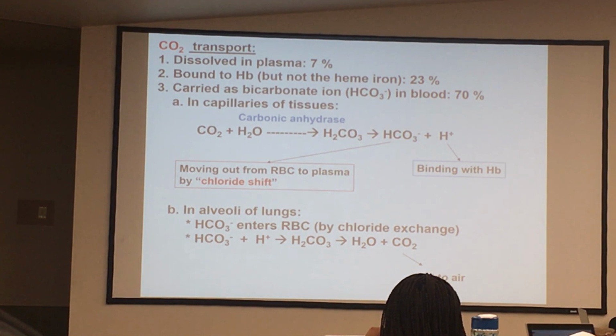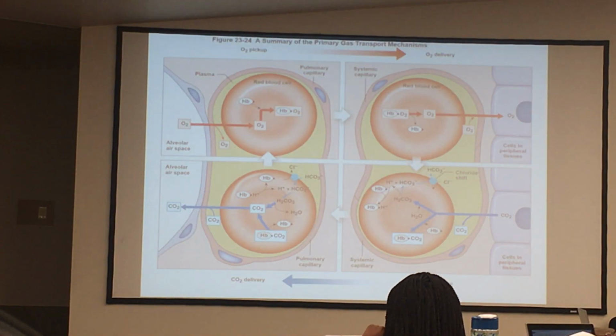Because most of the time the bicarbonate ion is located in the plasma. They only enter the red blood cell close to the alveoli, okay.